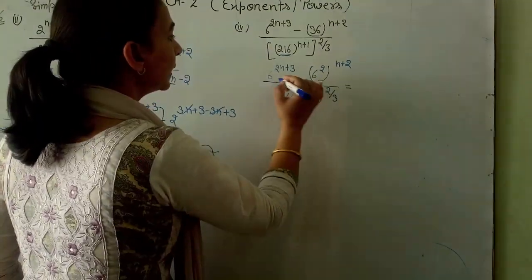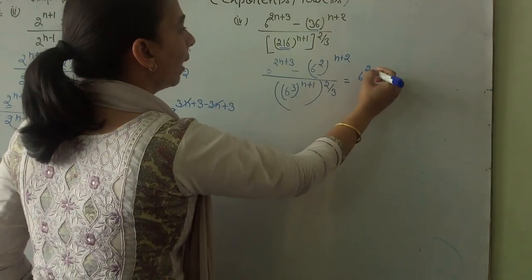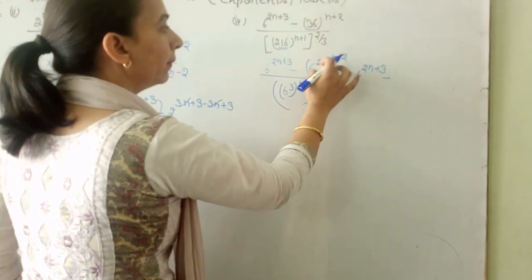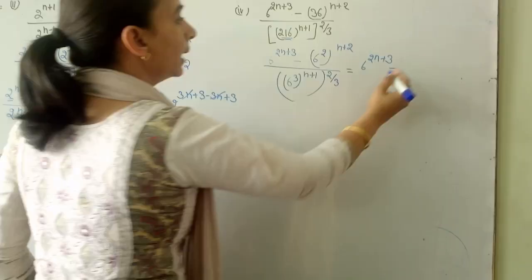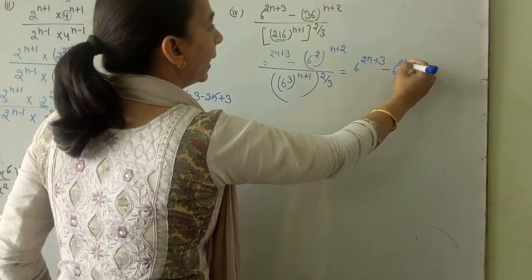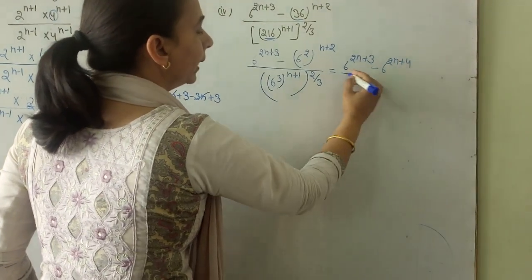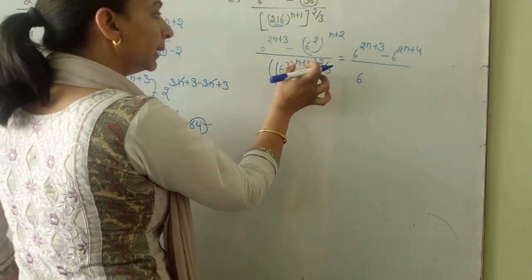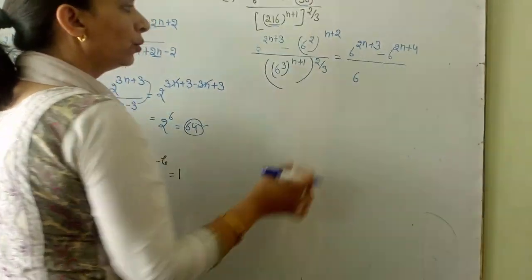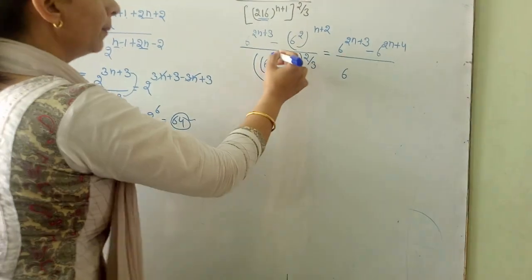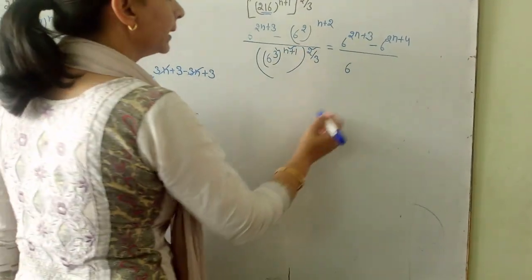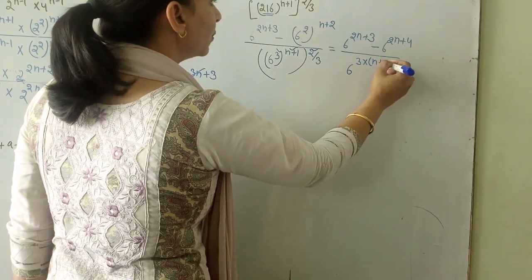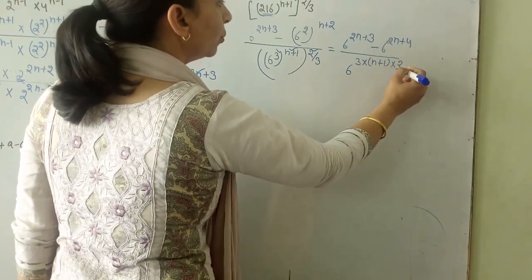Again, 6 raised to the power 2n plus 3 minus, power to power, then power multiply, 6 raised to the power 2n plus 4 divided by 6 raised to the power 3 multiply n plus 1 multiply 2 by 3. These are powers. Then power multiply: 6 raised to the power 3 multiply n plus 1 multiply 2 by 3.